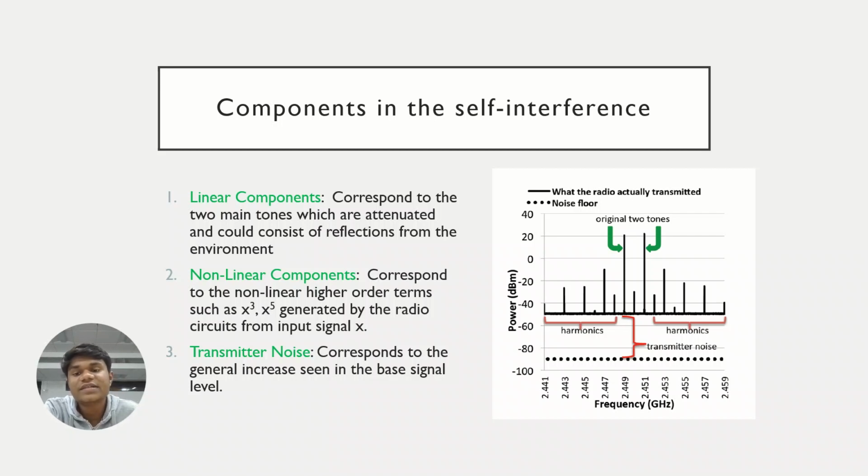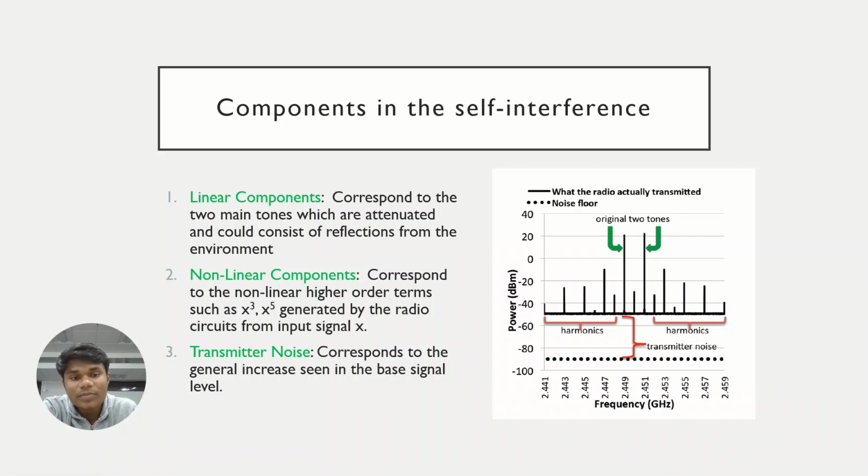Thirdly, there's the transmitter noise. This corresponds to a general increase seen in the base signal. All of these three types are also depicted in this diagram on the right hand side. These two are the things that we thought we were transmitting. The things represented this way are the harmonics which the radio induced on its own.